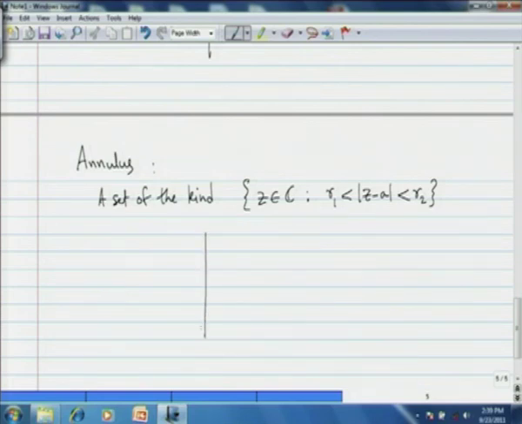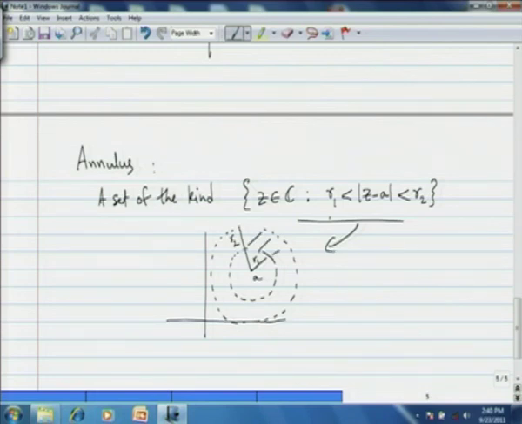So, here is a picture of it. If you take a point A and fix a certain distance r 1, this is your r 1, and fix another distance r 2 and draw a circle of radius r 2 centered at A, then your set here is essentially the shaded region.